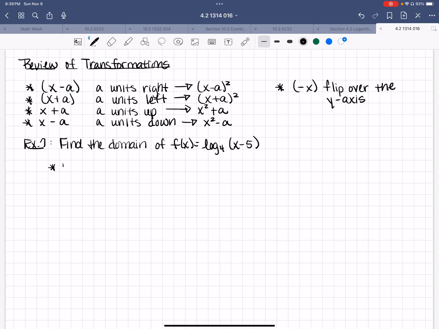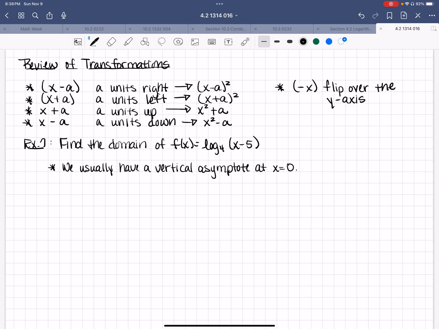So I know that we usually have a vertical asymptote at x equals 0.